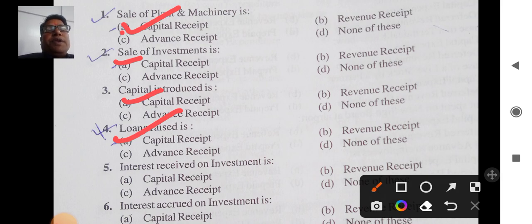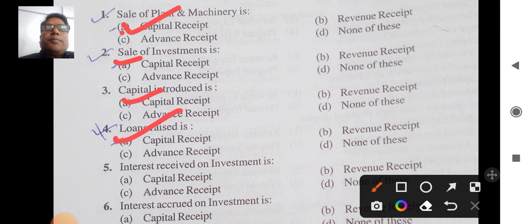And a loan may be advance receipts also. Loan can be an advance receipt, and here it will be considered a capital receipt, because in this question it is not clear that the loan has been provided for getting goods or a product again.